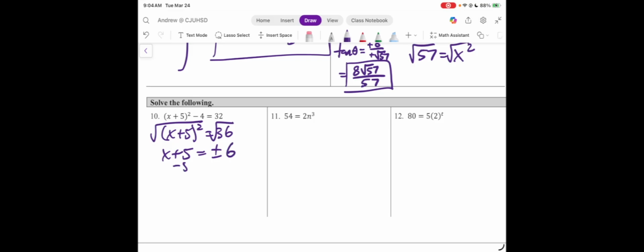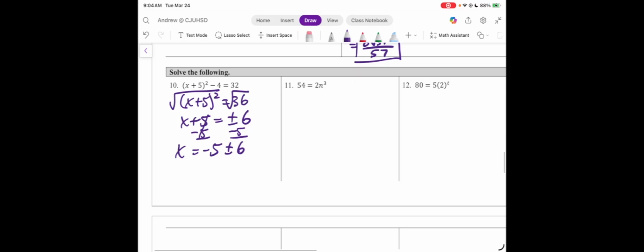Then we subtract 5. So x is negative 5 plus or minus 6. Now we split the plus or minus. Negative 5 plus 6, and that's 1. Negative 5 minus 6, negative 11. So x is in a solution set of 2 numbers.